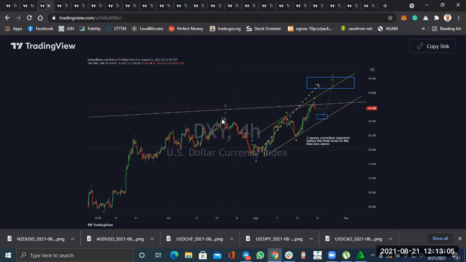Let's start with DXY. I think I will use a live chart because pictures cannot display boldly now on TradingView. But all these charts we have them.